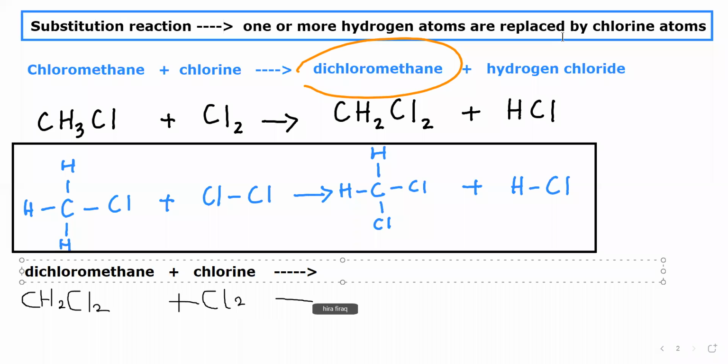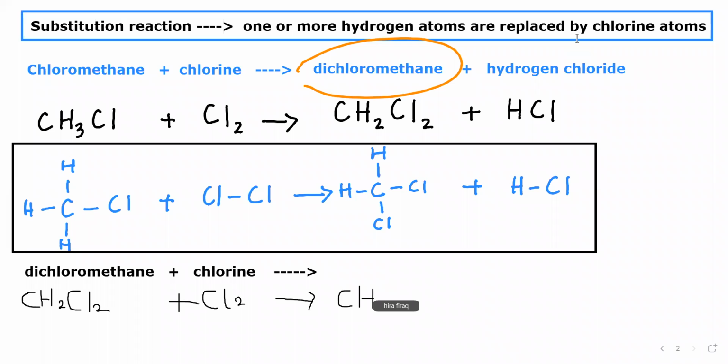Yes, correct. There is one more hydrogen which is going to be replaced. First we got CH3Cl, then one more hydrogen got replaced, giving CH2Cl2. Now there is one more which is going to be replaced. Yes, correct. One more is gone, so there are 3 chlorines. Very good.